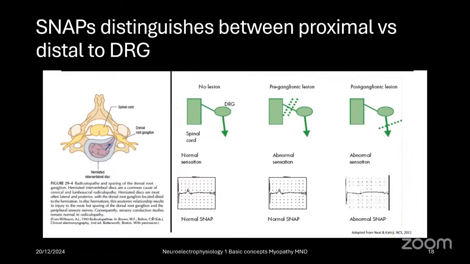If there is a cut beyond the dorsal root ganglion, there is abnormal sensation and an abnormal SNAP. If it is preganglionic, before the dorsal root ganglion, there is abnormal sensation but a normal SNAP. A normal SNAP means a preganglionic lesion, and the normal stimulation you can see on the extreme left. So there are three pictures shown to you.